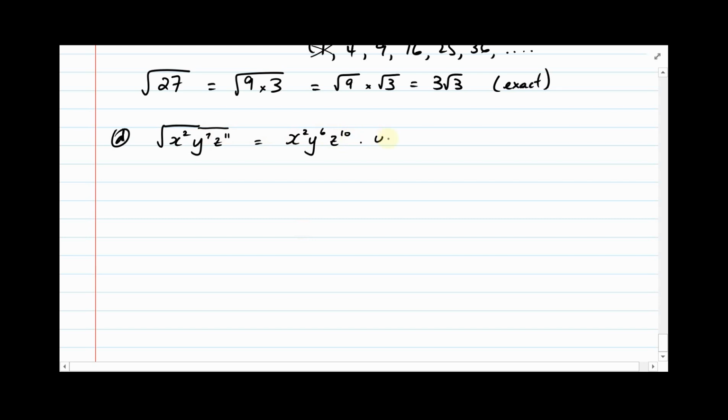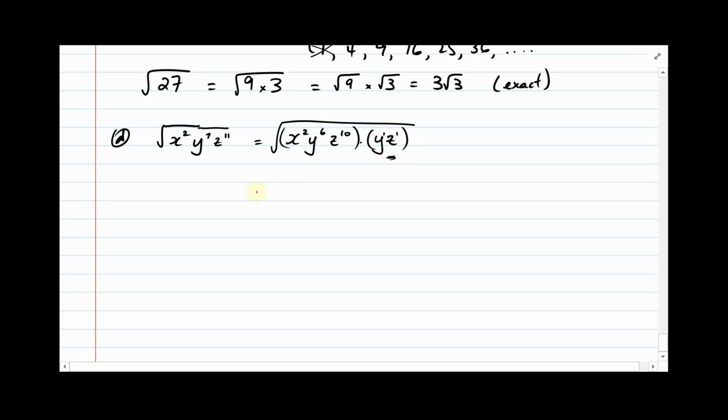And anything that's left over would be here. So I have this product, and hopefully you agree the total power on y would be 6 and 1 is 7. Total power on z is similarly 11, as we started with 10 and 1. Again, I'm exaggerating the powers of 1 on the back end here.